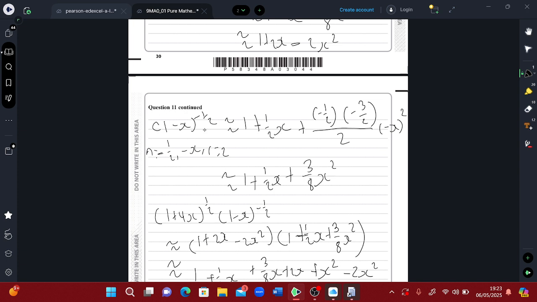Minus a half, so n is minus a half. Minus a half minus 1 should be minus 3 over 2, yeah. Over 2 of minus x squared gets you 3 over 8. So that should be right.